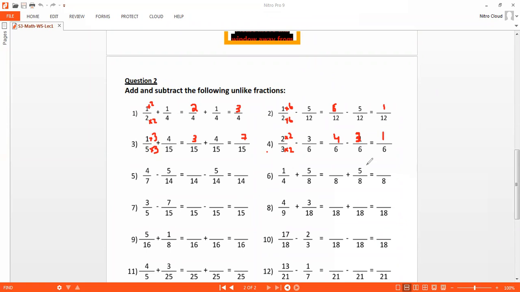Excellent. Yalla Ibrahim. Number 5. 4/7 times 2. So the first fraction by 2. Very good. So what do I get? 4 times 2 is 8.